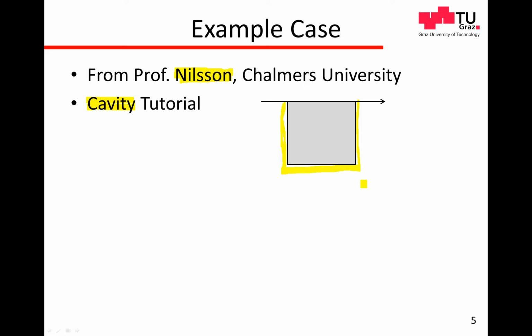Note this is a 2D or essentially 2D case, and we imagine that on top of this we drag a plate in this direction, and this dragging plate will induce a motion in the fluid that will approximately go like this. We are interested in how this flow field looks, and you will see it's a non-trivial solution, and yeah, it's the classical cavity tutorial.